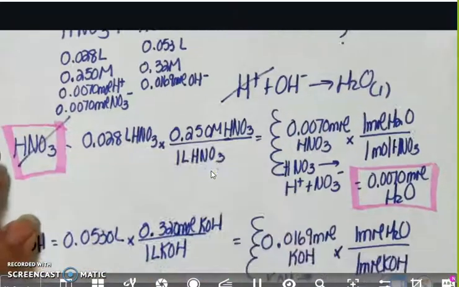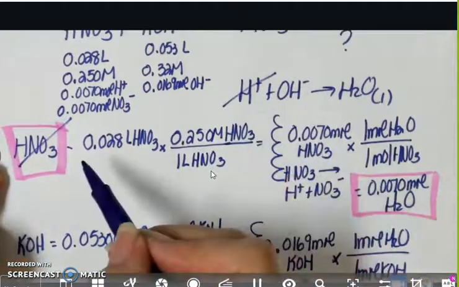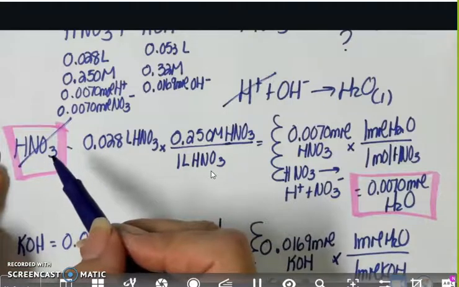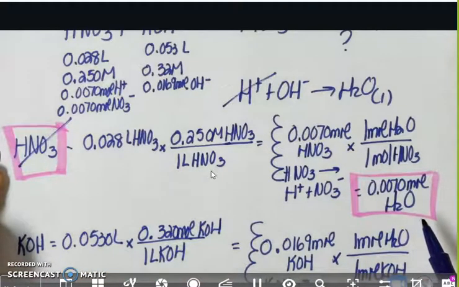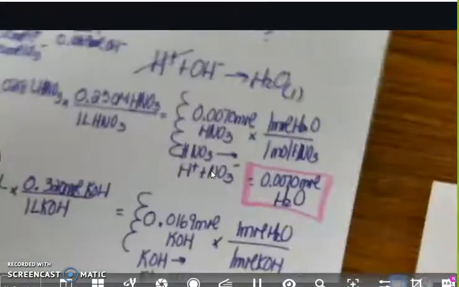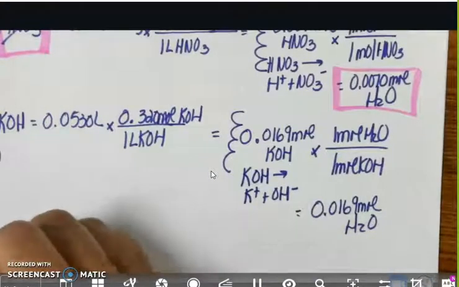It's 0. OH is not in this one. H plus is. It's gone. Because I used it all. That was my limiting reactant. Yes? So that means that we can only calculate the concentration of OH? Correct. Let's do it.